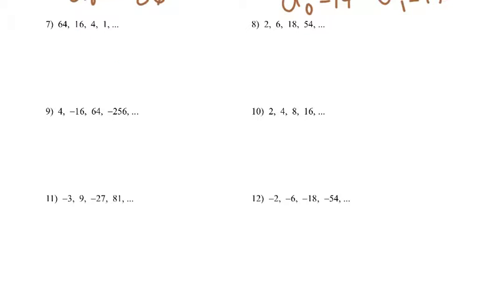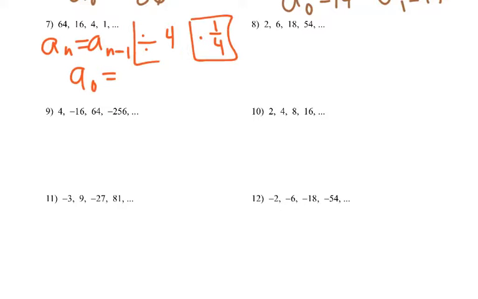So there's 2 ways you can do the recursive when we're dividing. You can put divide by 4 here, or you can put times by 1/4. Either one of those will work in recursive. I would probably get in the habit of doing the times by 1/4, because we always want to keep in mind explicit, as I've said.